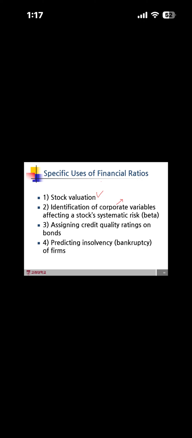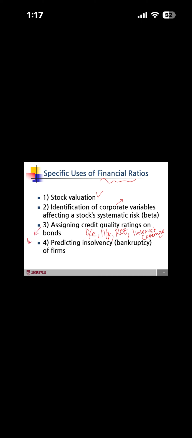Or you can use financial ratios such as debt to equity, debt to assets, profitability, return on equity, or your interest coverage ratio. These ratios can be used to analyze the firm's credit ratings.